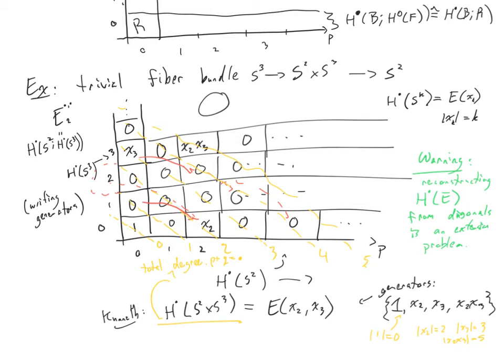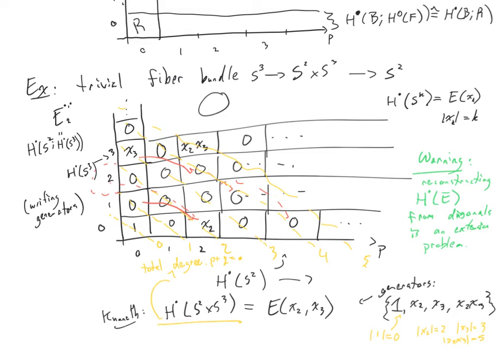So it occurs in this case that you just direct sum along the diagonals, but in truth, direct sums are like trivial extensions, and it could be that you have some more complicated extensions. So there is this warning about how to get back this stuff from the E infinity page, but oftentimes the E infinity page is very close to being exactly the cohomology of E, just spread out over 2 dimensions.